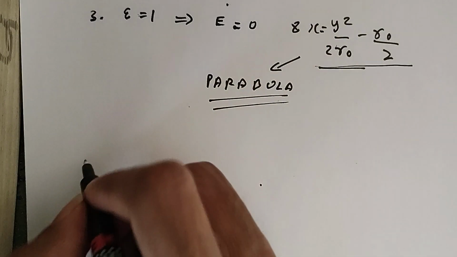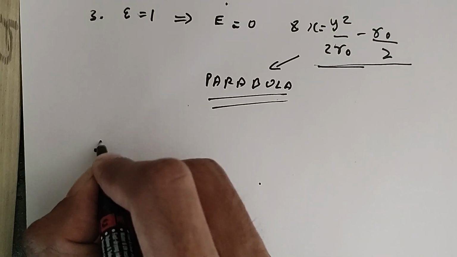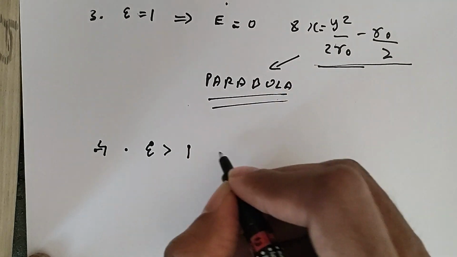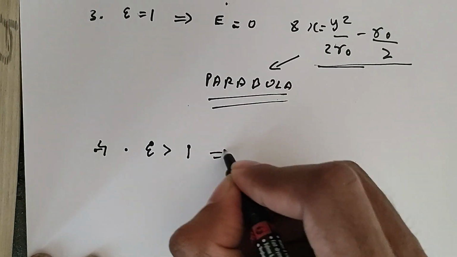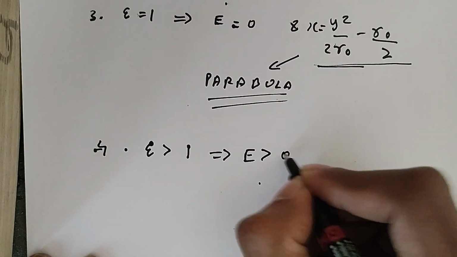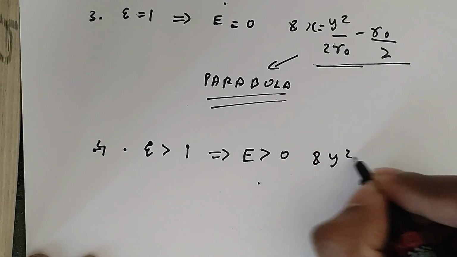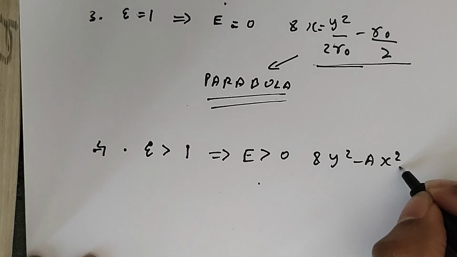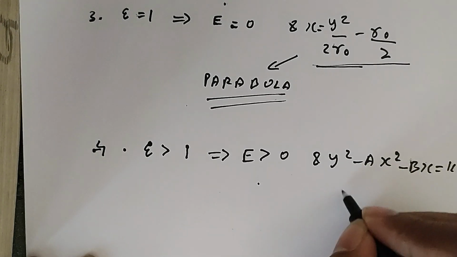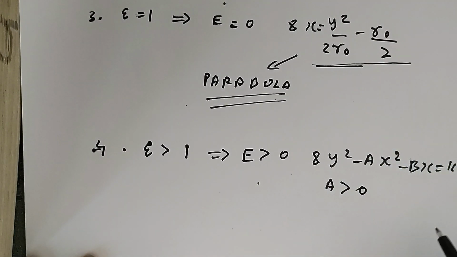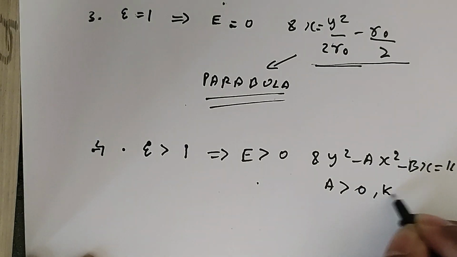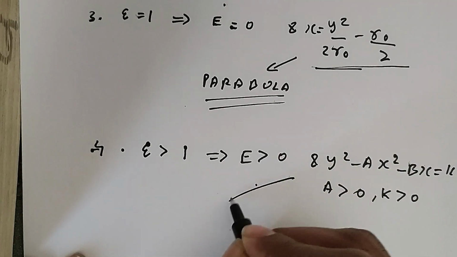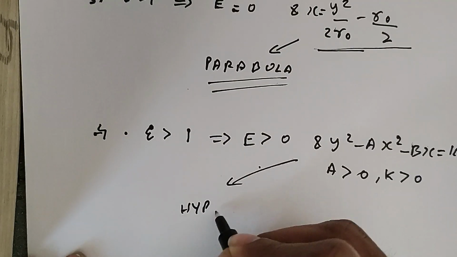It's also very important to look at. When epsilon is greater than 1, the energy is also greater than 0, and our general equation is characterized again by a generalized equation, where A should be greater than 0 and K should be greater than 0, and this corresponds to a hyperbolic orbit.